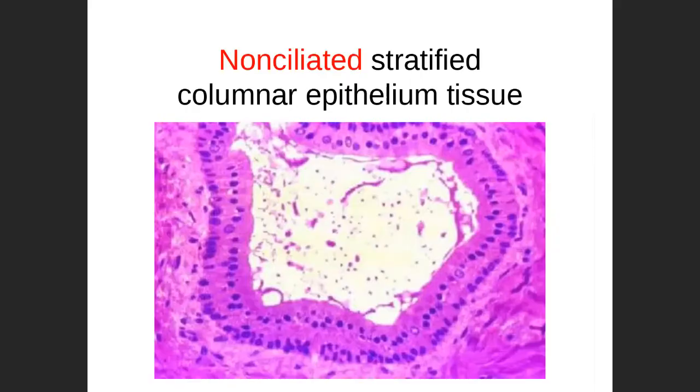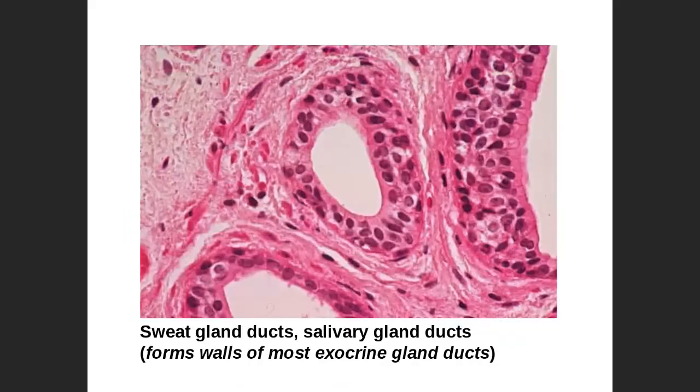But compare it to stratified columnar. Look at all that space between the different layers of the columnar. There's quite a bit. So look at the stratified columnar, and here is the stratified cuboidal. Not a lot of space.